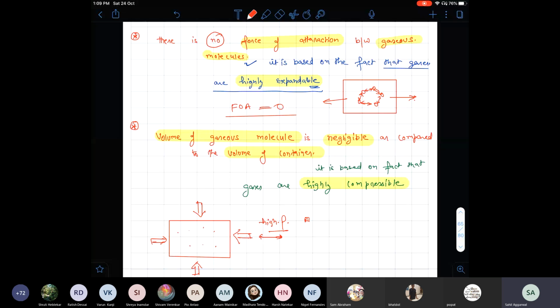If there was a force of attraction between the molecules, then they cannot be expanded to the maximum limit. Because for expanding them, the molecules have to go away from each other. If they have a very strong force of attraction, they won't go away from each other and gases cannot be expanded. But we know gases have very high expansivity. That means there is no force of attraction between them. Understood?